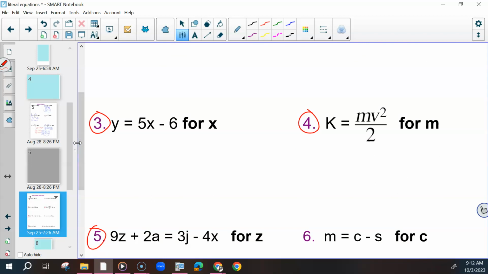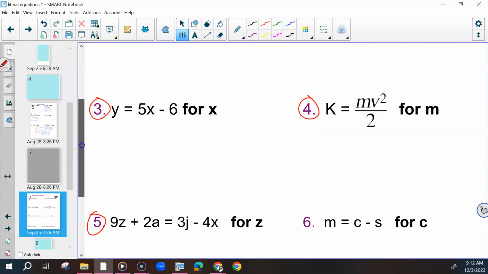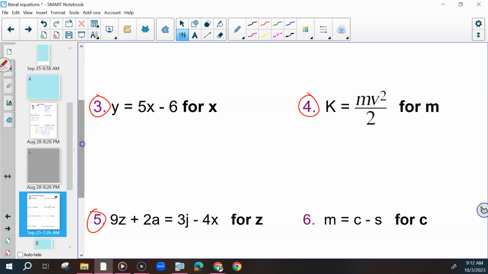We'll go back. So number 3, we're solving for x. What would be our first step? Plus 6. So we have y plus 6 equals 5x. When we go to divide by 5, are we going to divide separately or all at once?